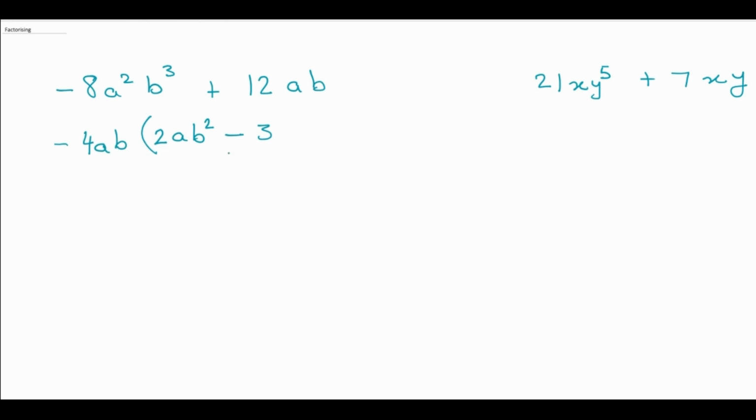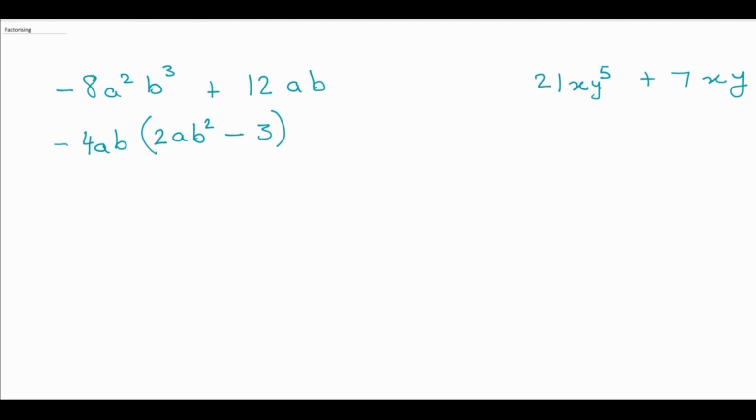Let's now have a look at the letters. We have a times what will give us a. We know a times 1 will give us a. And then b times what will give us b. B times 1 will give us b. So given that both of these are multiplied by 1, I don't need to put in anything else over here, and I can close the bracket, and that is the factorized form.